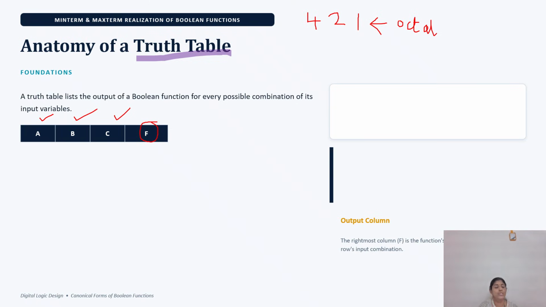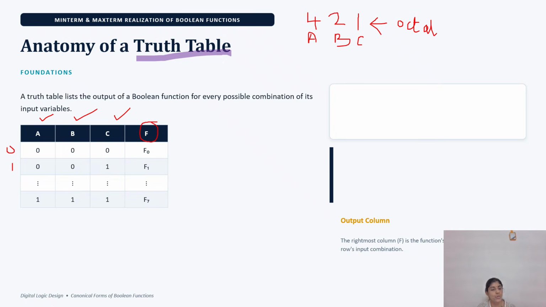So A, B, C are your inputs. Write like this: 4 is A, 2 is B, and 1 is C. So 0, 0, 0, I mean your decimal is 0. Next it is 0, 0, 1, decimal 1. 0, 1, 0, the decimal is 2.